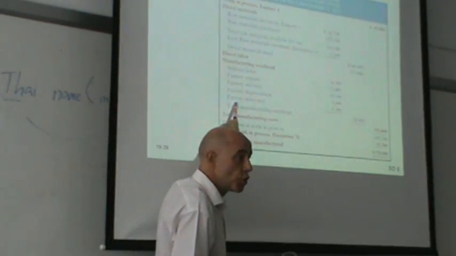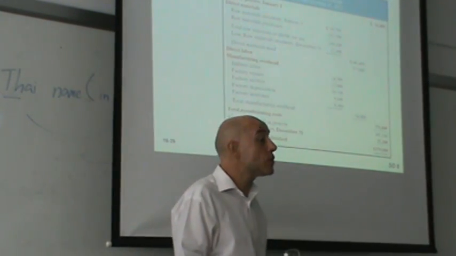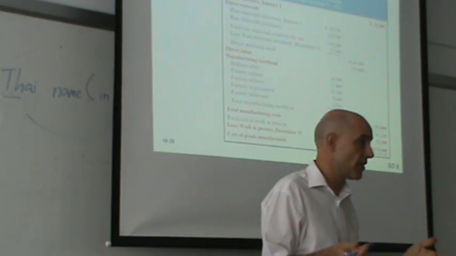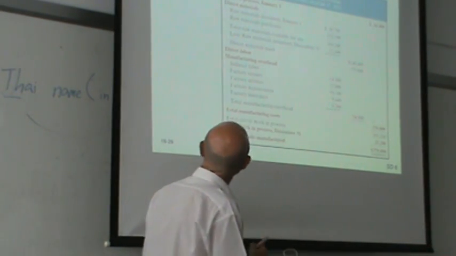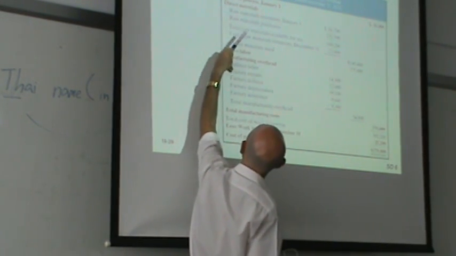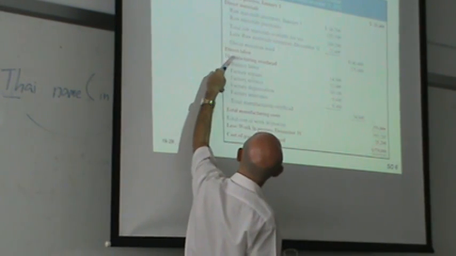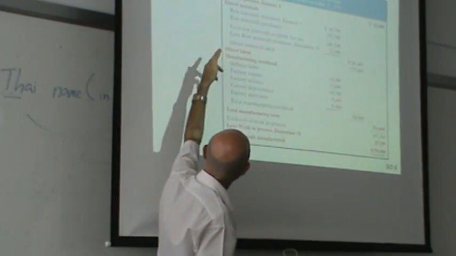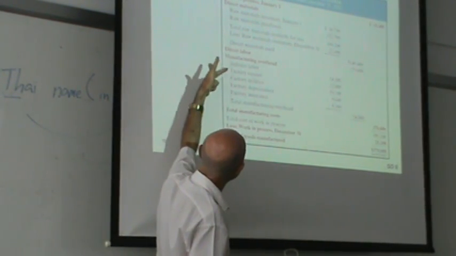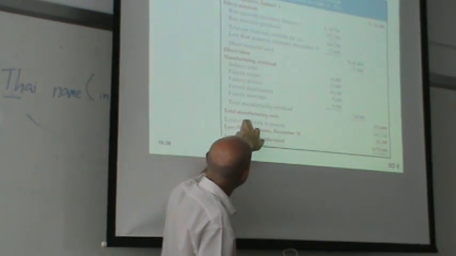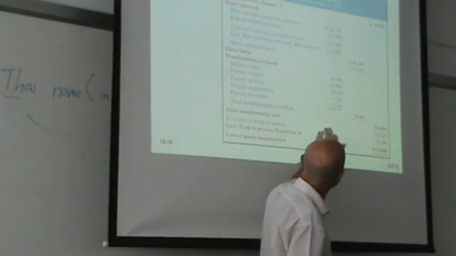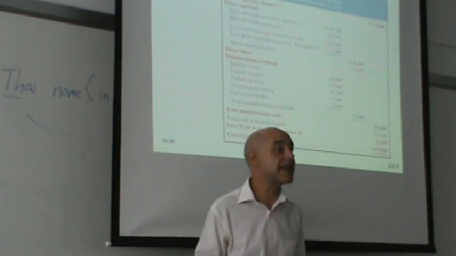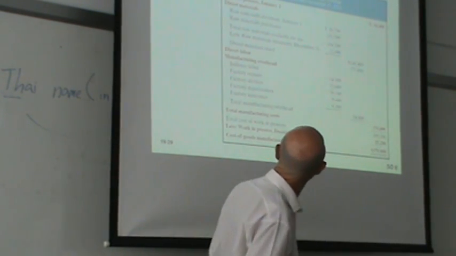Factory insurance, also factory rent if you have rent, okay? So, see how you get the direct material, direct labor, and manufacturing overhead, and from these 3 costs you get total manufacturing cost, 376, okay? That's the total manufacturing cost.